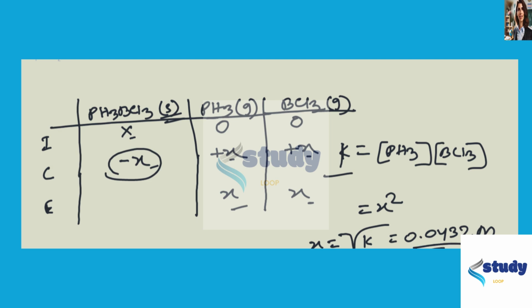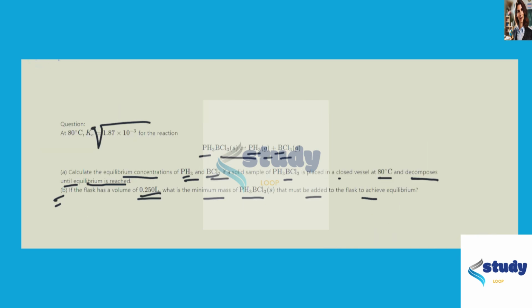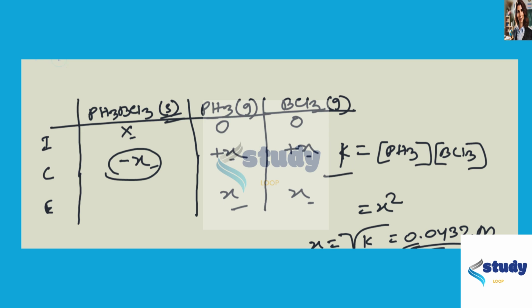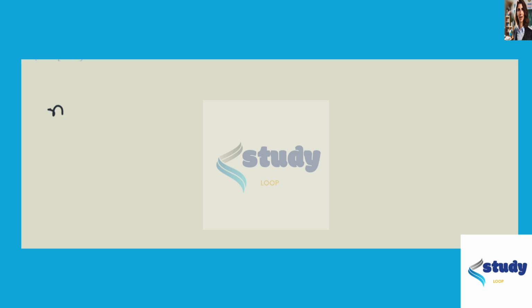That means the minimum required concentration of the reactant is 0.0432. So we know the concentration of the reactant which we need to reach equilibrium, and from this value and the volume of the flask we can find the number of moles of the reactant which will be required to reach equilibrium.